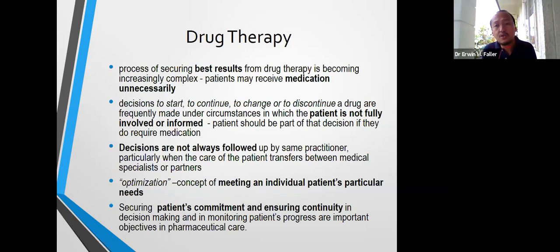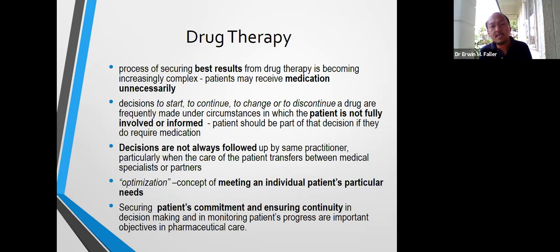Now, moving on to drug therapy, we'll be able to screen and secure the best result. And we'll also be able to review the necessary medications that they have and eliminate inappropriate or unnecessary medications that they are actually taking.